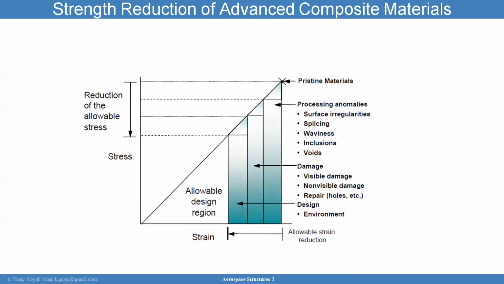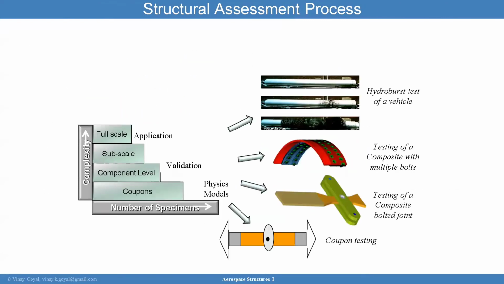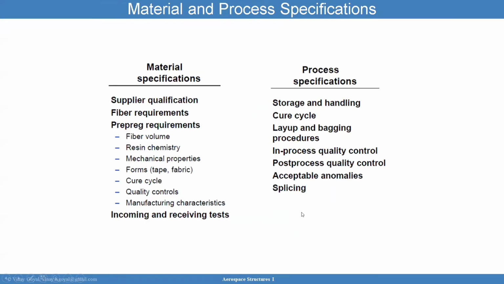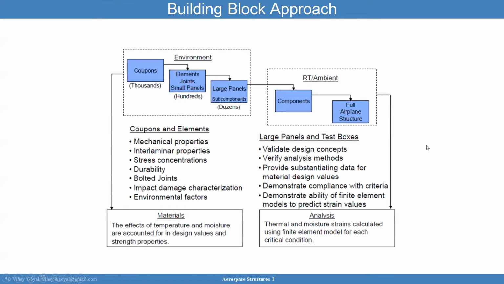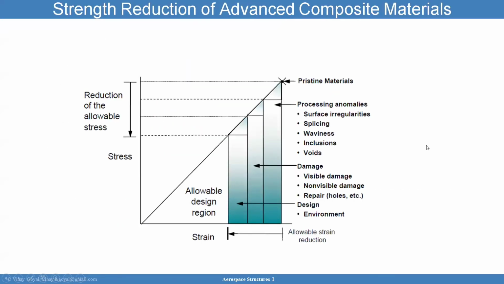Now, another thing in this building block approach that needs to be considered: both of these building block approaches look different, but they are really driving to the same point, that you want your allowables to encompass all the potential damages that you could have. So, for example, with a pristine material, the strength will be all the way up here.